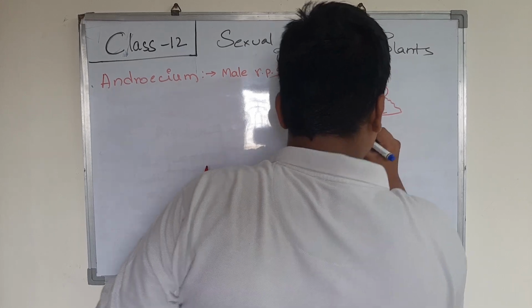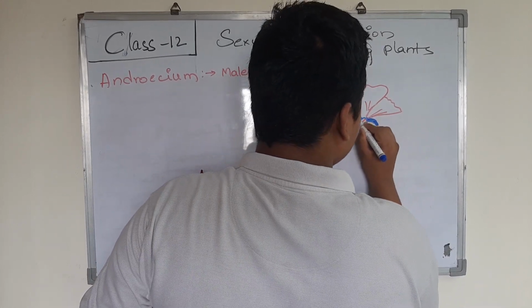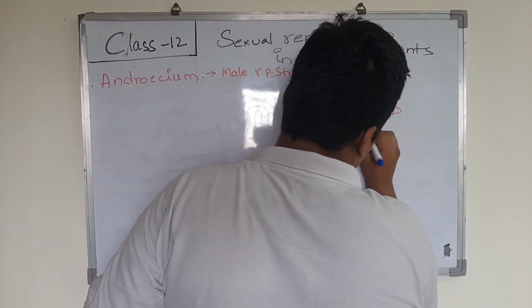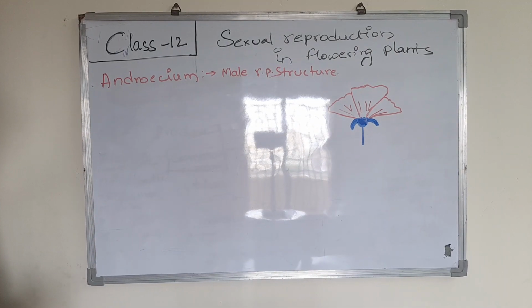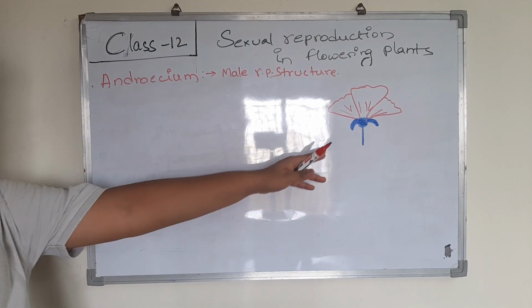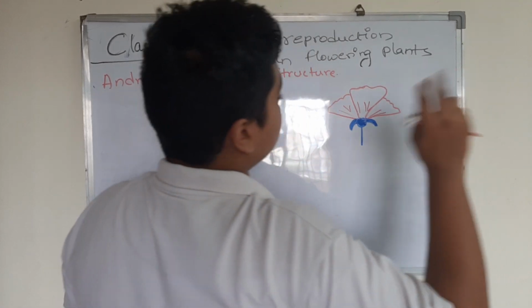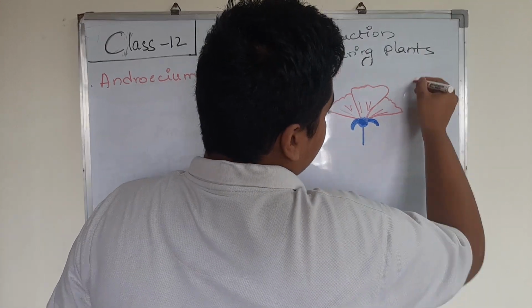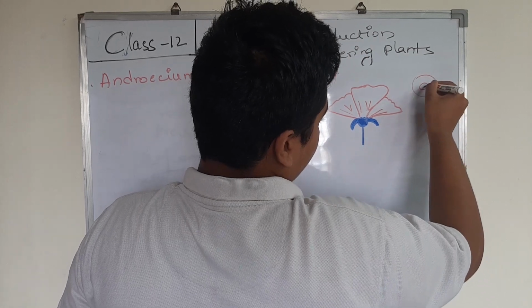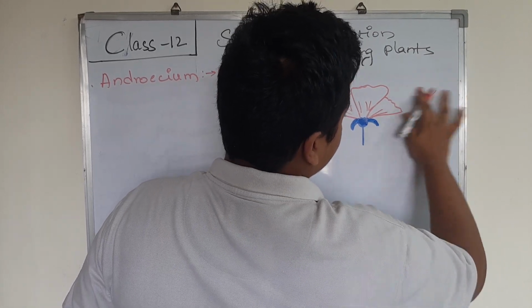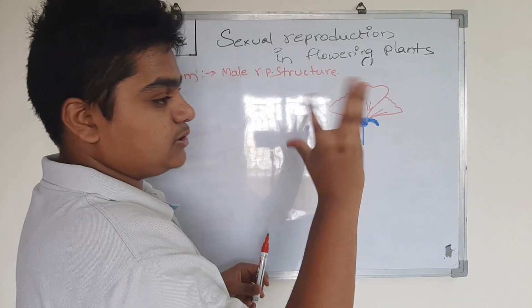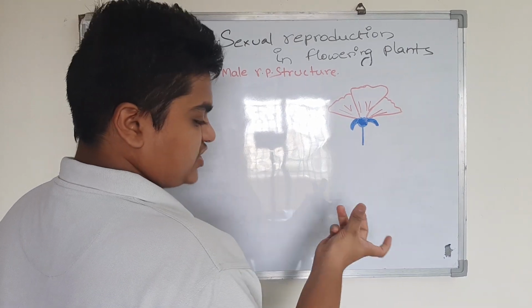Generally, the flower looks like this to a human who is observing a flower. It contains two whorls. What are whorls? They are the rows in which different organs are arranged in a flower. One whorl, second whorl.